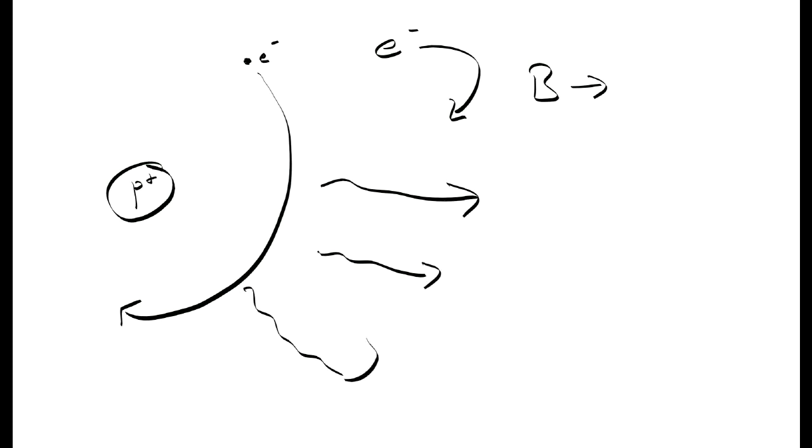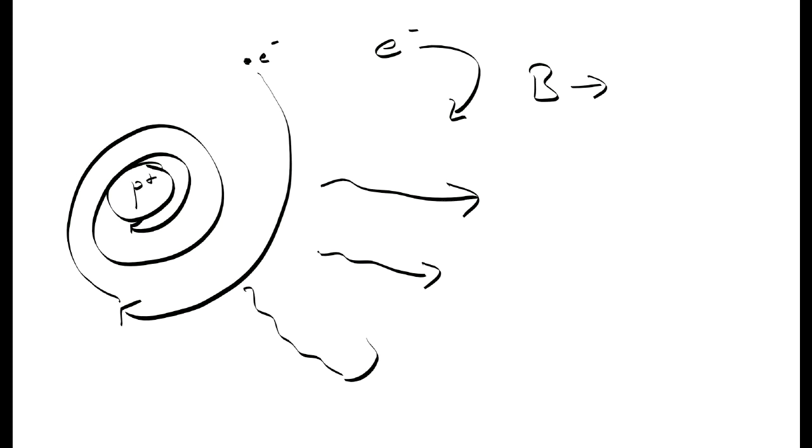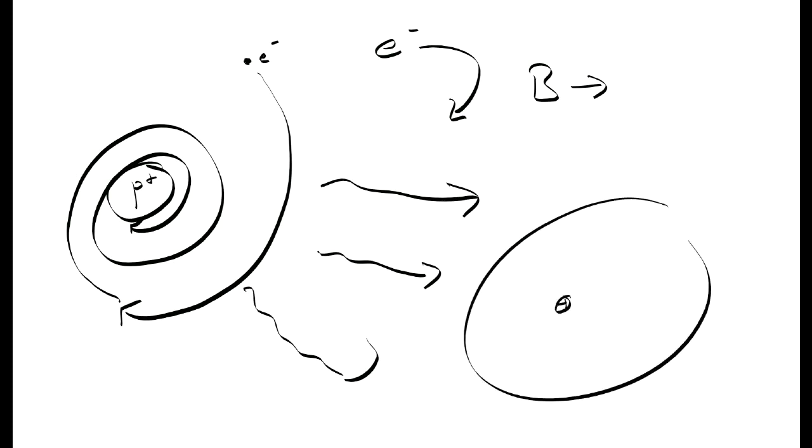Okay? Which means it should constantly be losing energy. It should spiral into the nucleus, and the atom shouldn't exist. And yet, we know by this point that the atom is a tiny positive nucleus surrounded by a cloud of electrons. So the question is, how do we explain that? And the Bohr model seemed to suggest a way forward.